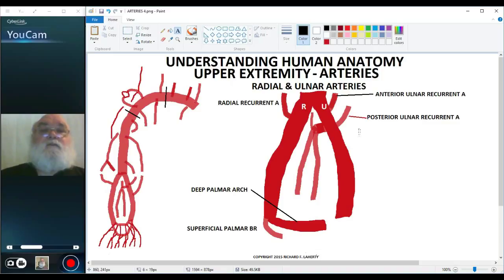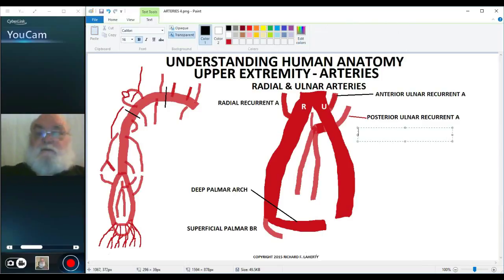The first, which is the branch from the ulnar, is the common interosseous. Common interosseous artery.